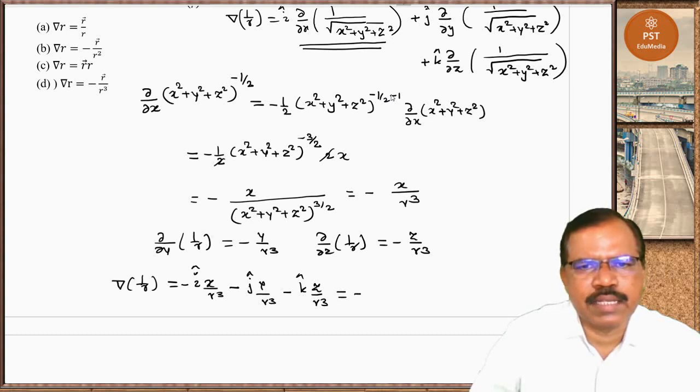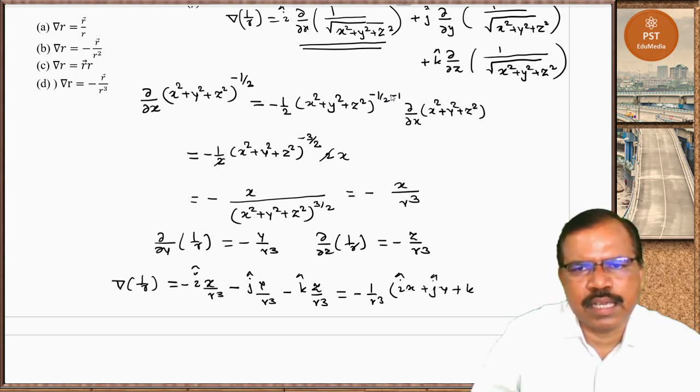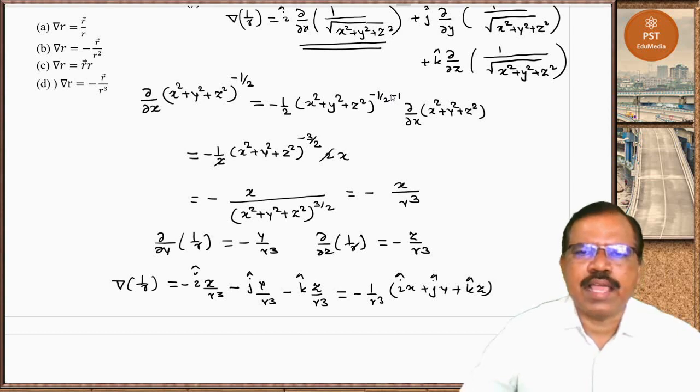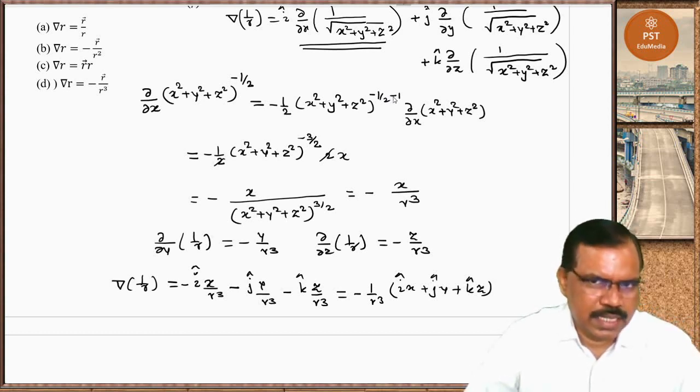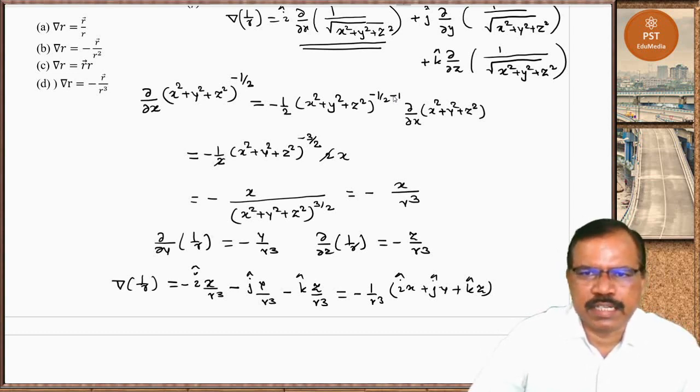So I can take minus 1 upon r cube common. We get ix plus jy plus kz. Now ix plus jy plus kz, that is vector r, the position vector. So we get this as minus vector r upon r cube.